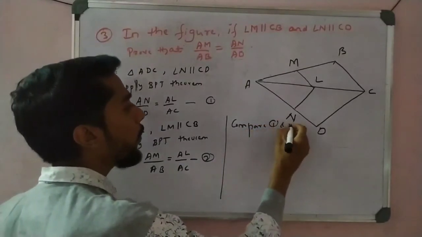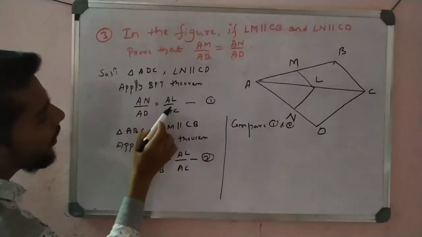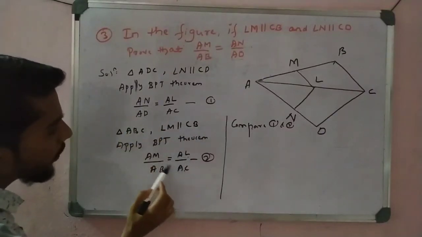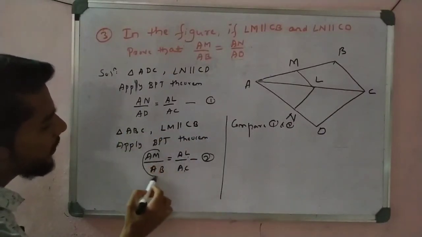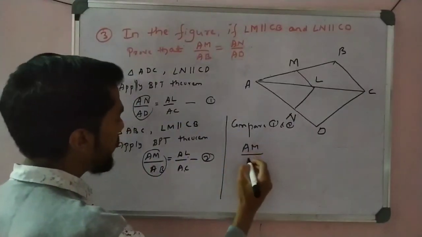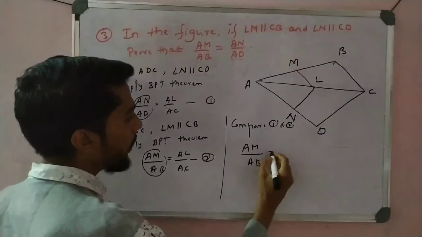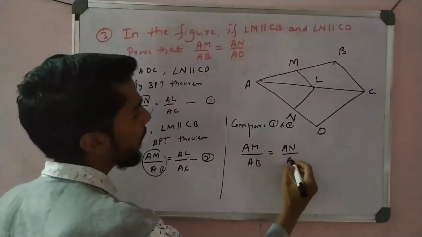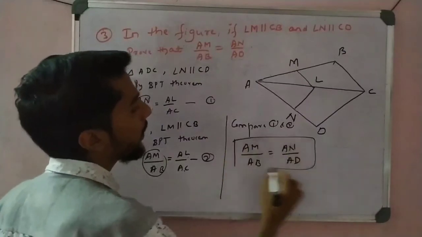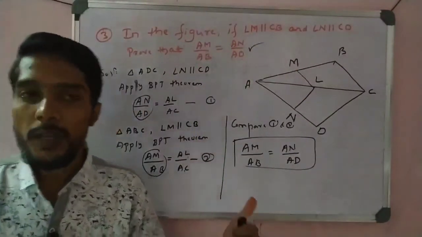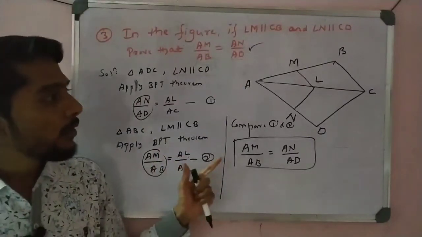AL by AC is equal to AN by AD, and also AL by AC is equal to AM by AB, which means this also equals this. So we get AM by AB is equal to AN by AD. This is the proof. Please write it down, this is very important.